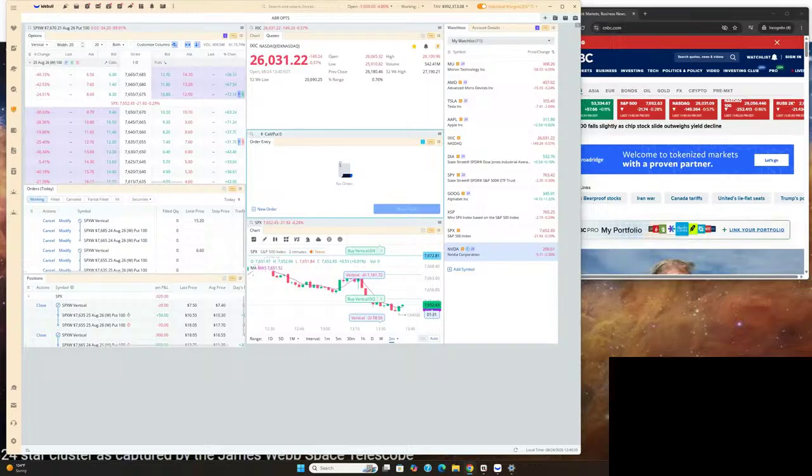The first half actually works better for the entry and exits. But the second half is very difficult, because most likely it actually goes sideways in the second half to eat up all the premiums.